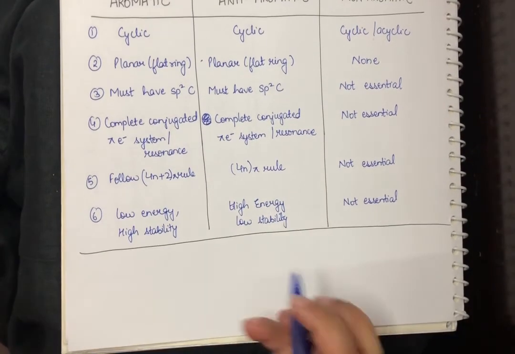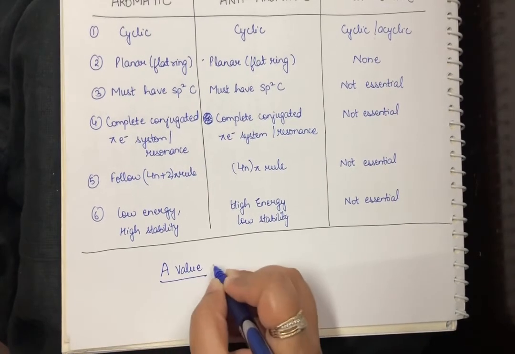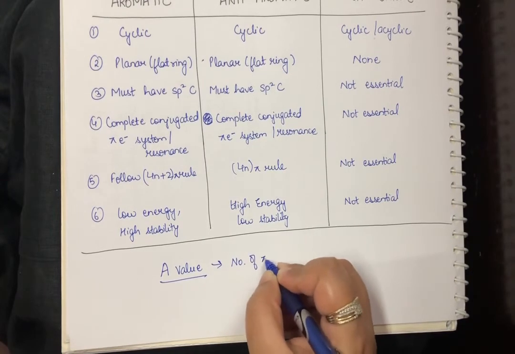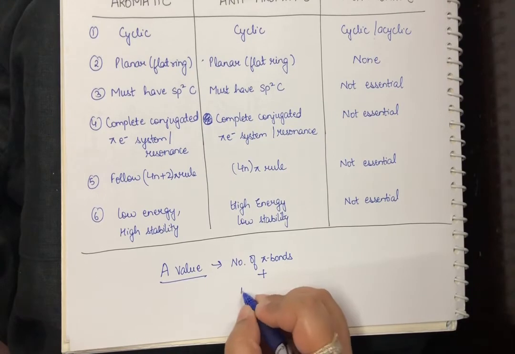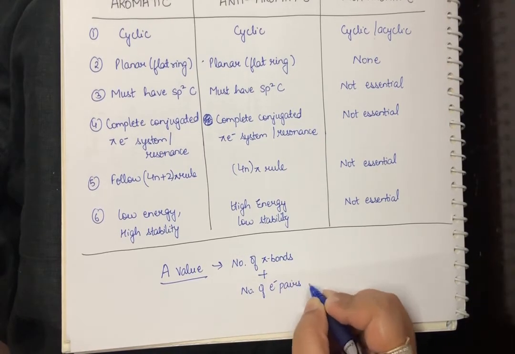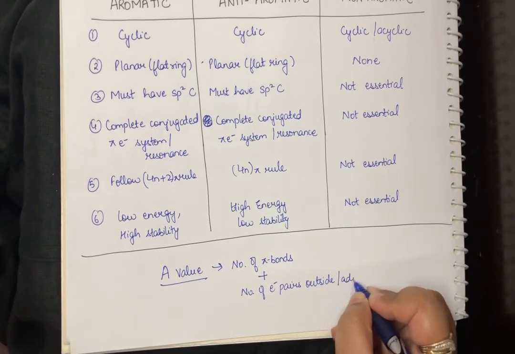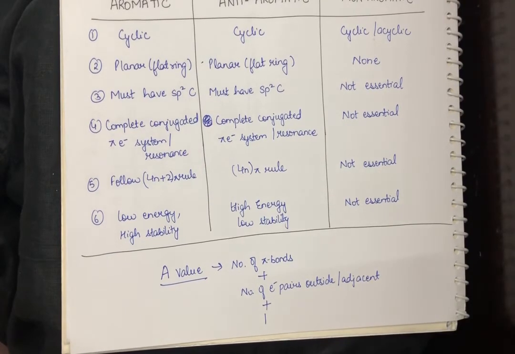Now what we are going to do is calculate a value. Now what is this a value? A value is going to be the number of pi bonds plus the number of electron pairs outside the ring or adjacent to the ring, plus 1.